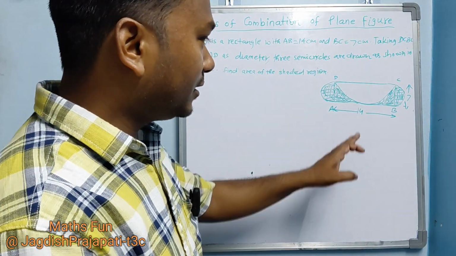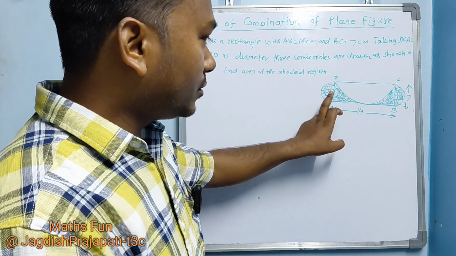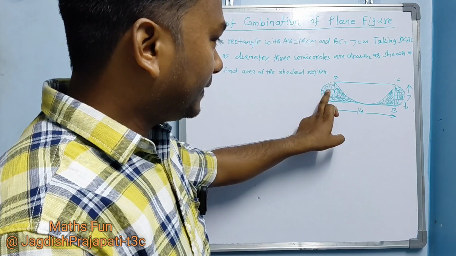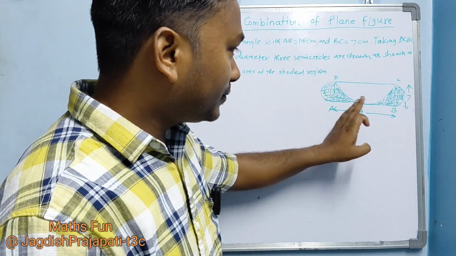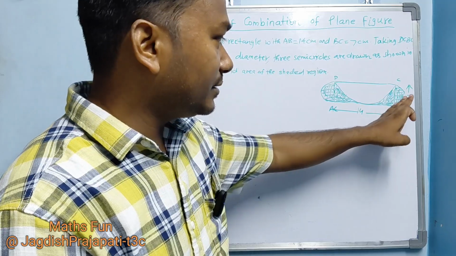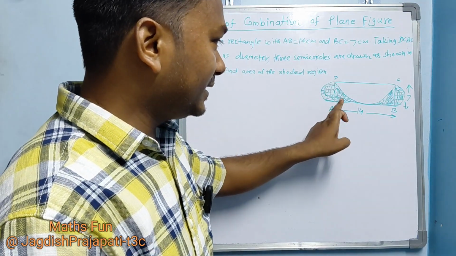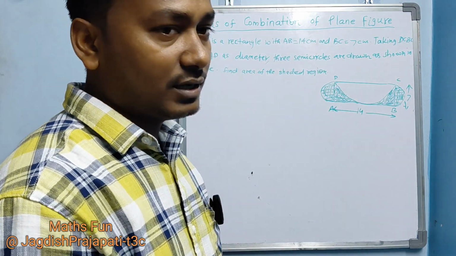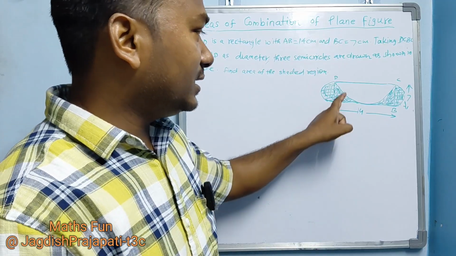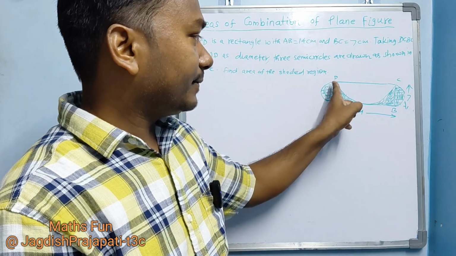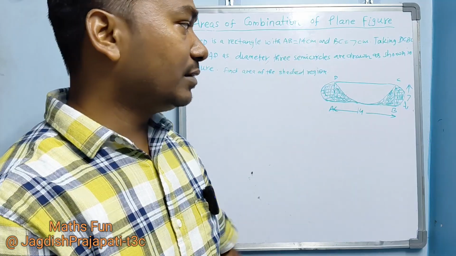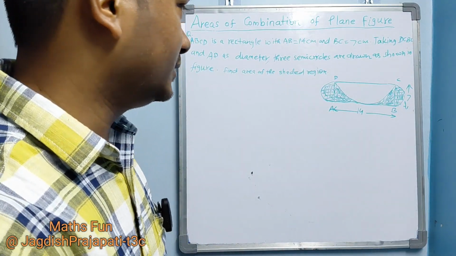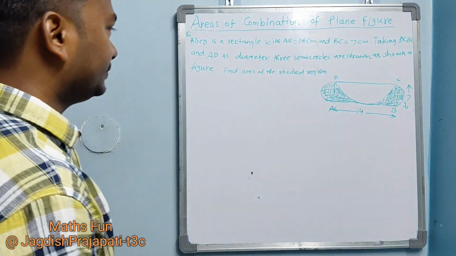So add the area of the two semicircles, plus the area of the rectangle, and subtract the area of the bigger semicircle. You will find the desired area, the shaded region.